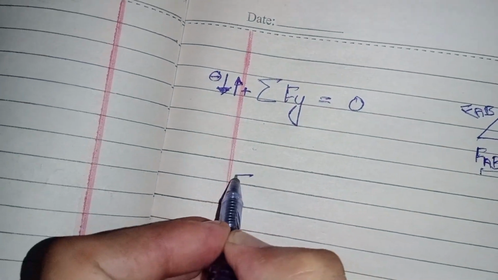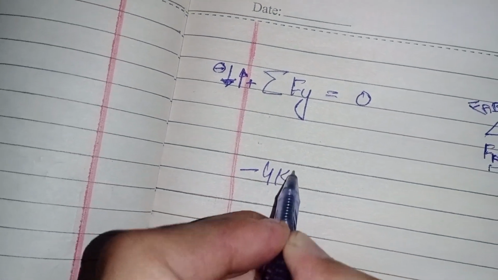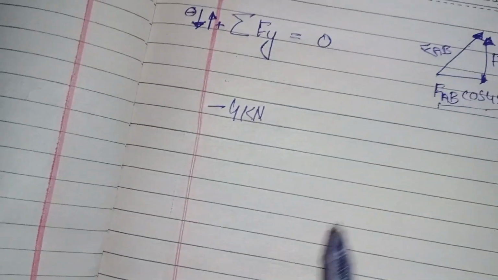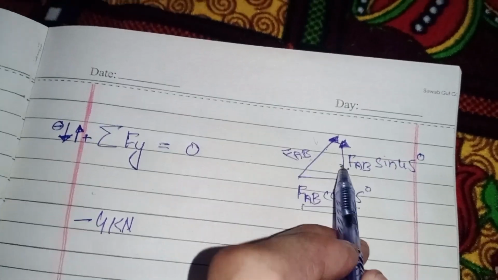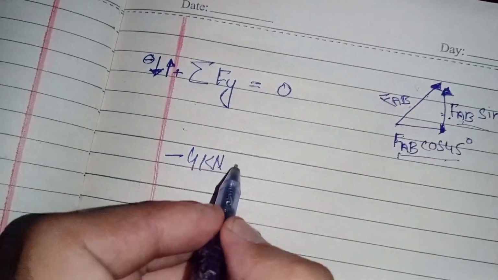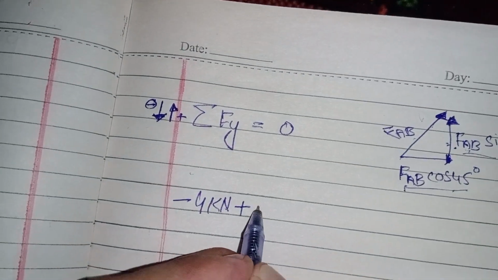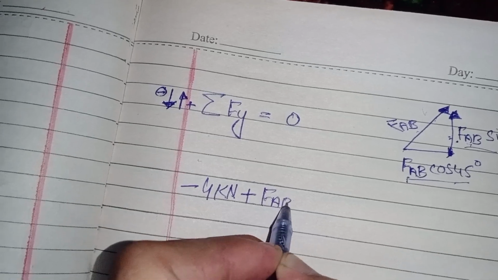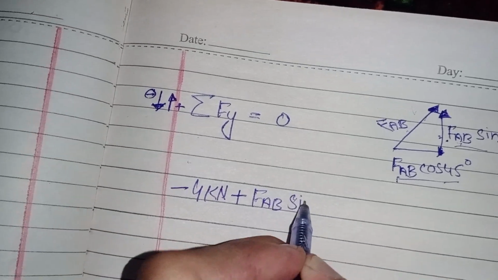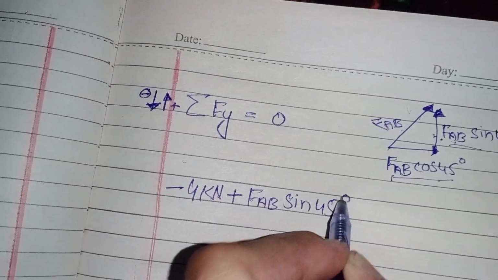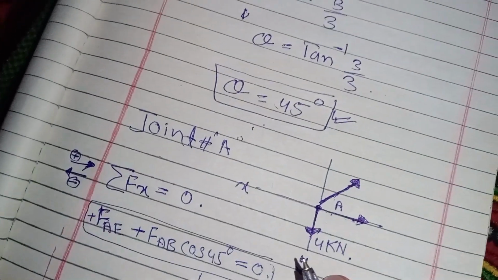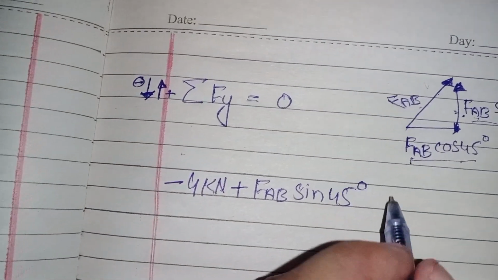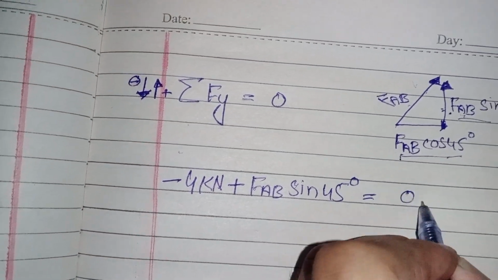So negative 4 kilonewton, and the one force is the component of this force, that is F AB positive F AB sine 45. Only these two forces are showing, equal to 0.